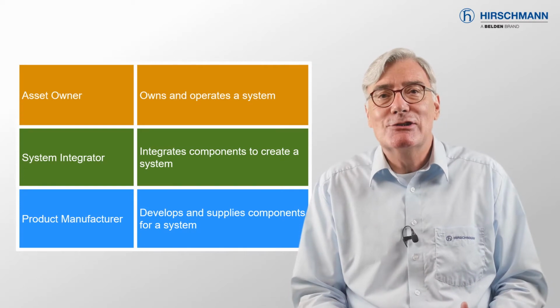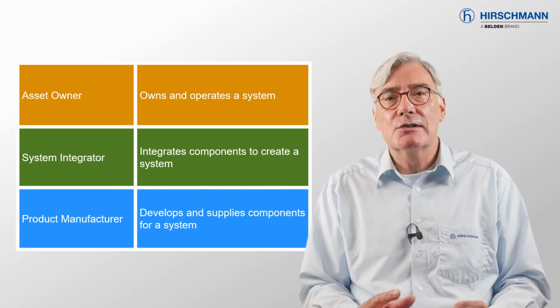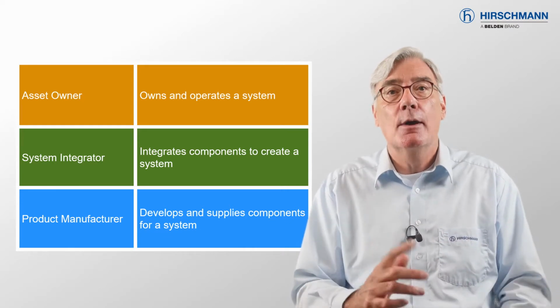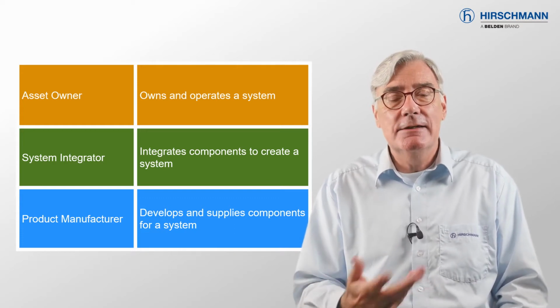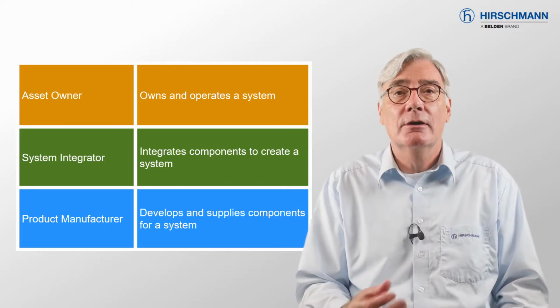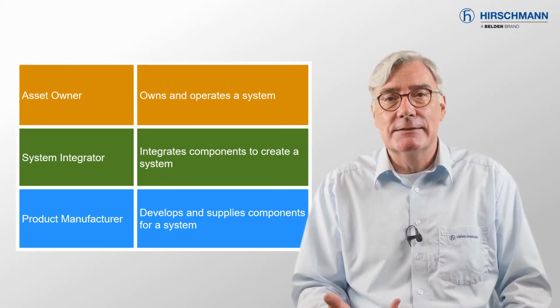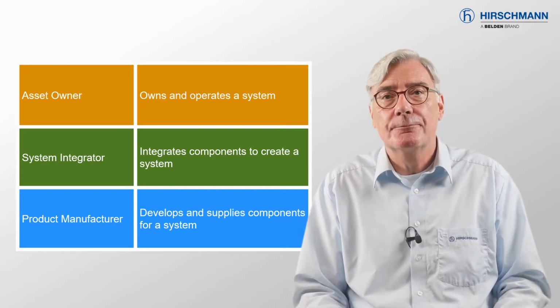A good place to start the description is to clarify the roles of organizations which are directly affected by the standard. The asset owner is an individual or organization which is responsible for one or more IACSs. Typically, the asset owner is the end user.